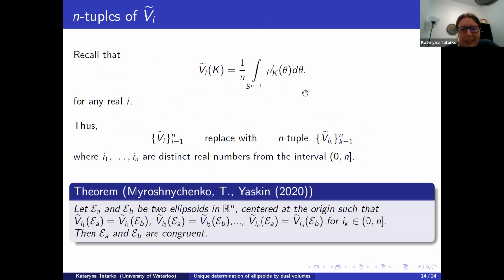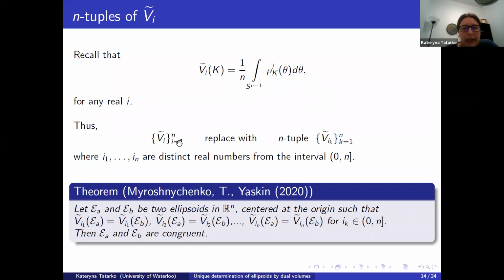If we look at this integral on the right-hand side, it makes sense for any real parameter i. So instead of thinking about dual volumes as those coming from the Steiner formula, only those with integer indices from the interval between 0 and n, I can think about dual volumes defined by this integral representation.